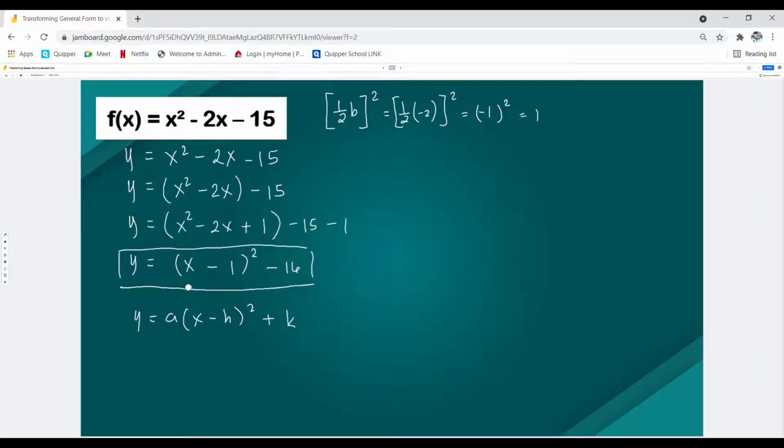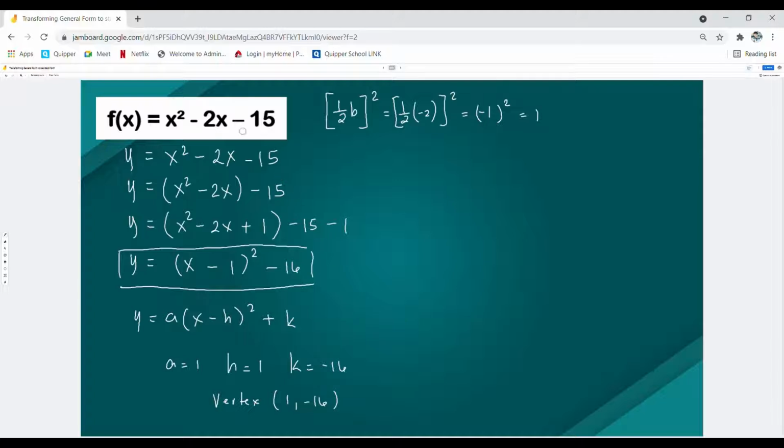As you notice, we have our a is 1, where your h is positive 1, because if you remove the parentheses you need to equate it to 0. K is negative 16. Remember that is your vertex already, therefore your vertex is at 1 and negative 16. So it's also useful writing general form to vertex form, because you can already get your vertex.